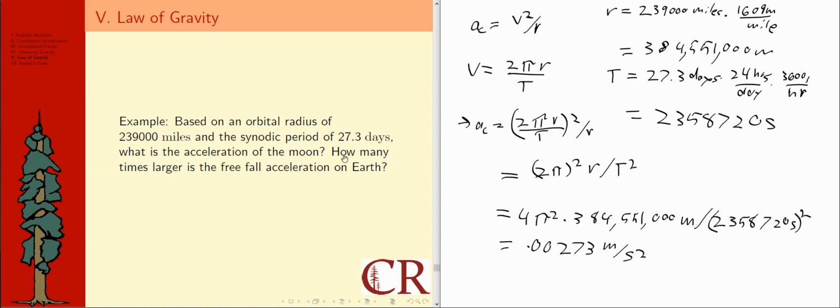The second part of this question is how many times larger is the free fall acceleration on Earth? In other words, how much bigger is 9.81 compared to this?